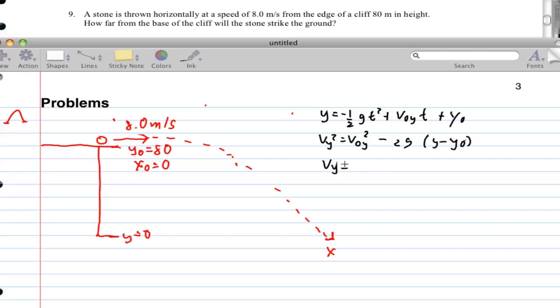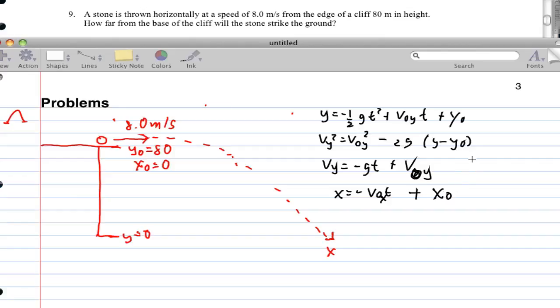We're going to have v y equals negative g t plus v naught y. And then in the x direction, we're going to have x equals v naught x times t plus x naught. And that's it.